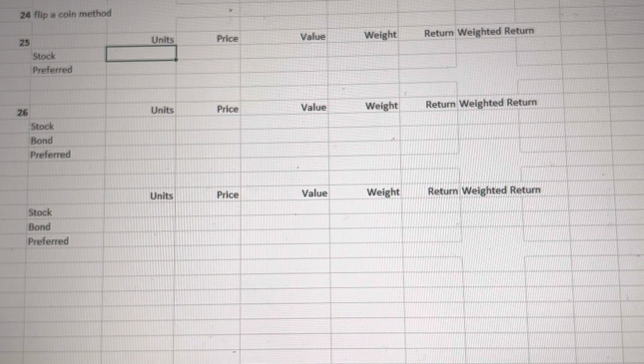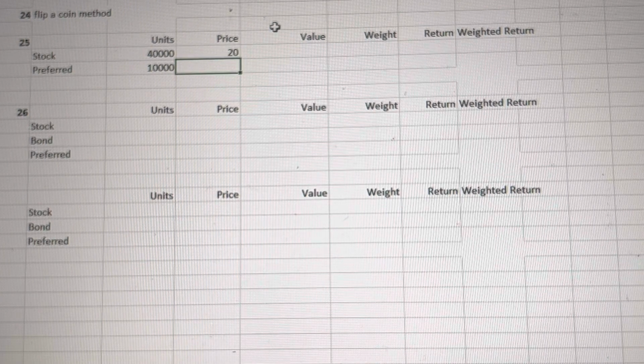We had 50,000 shares, of which 20% are preferred, which is 50,000 times 20%, or 10,000. And the common stock is 40,000. The price of common stock is $80, and for preferred it is $40.